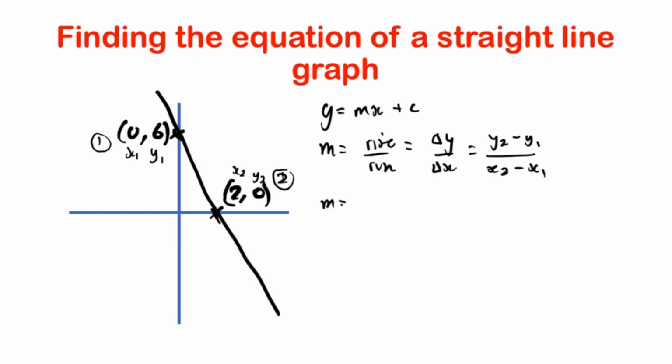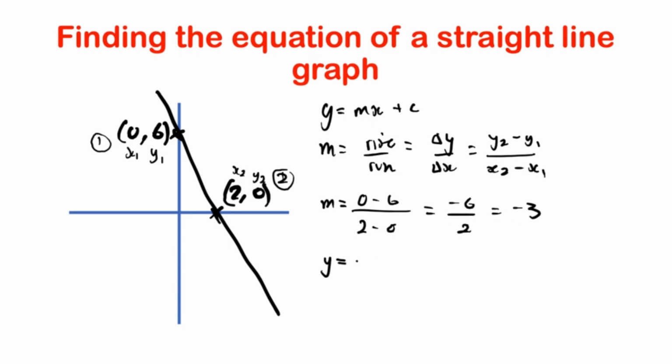Then you substitute. y2 minus y1 is 0 minus 6, and x2 minus x1 is 2 minus 0. So this would give you minus 6 over 2, which is minus 3. So your gradient is minus 3.